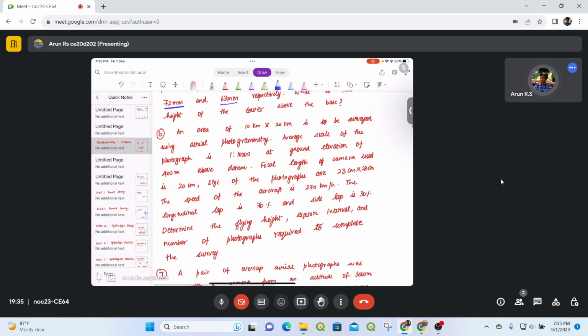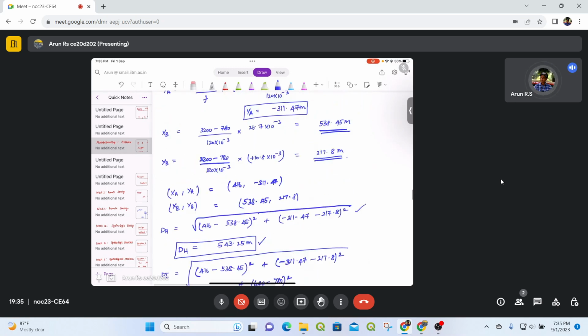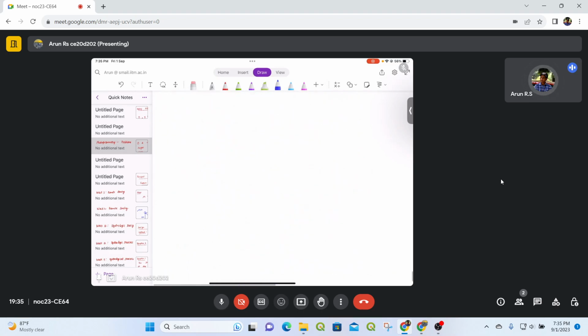So you have the equations. It is just a direct application. Once you understand the concept, you can derive the equation by yourself. You just need to draw the diagram. So this will be problem 5.